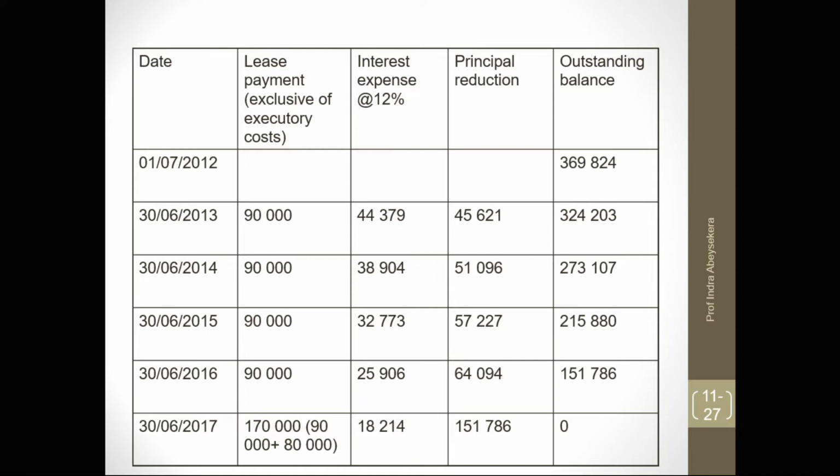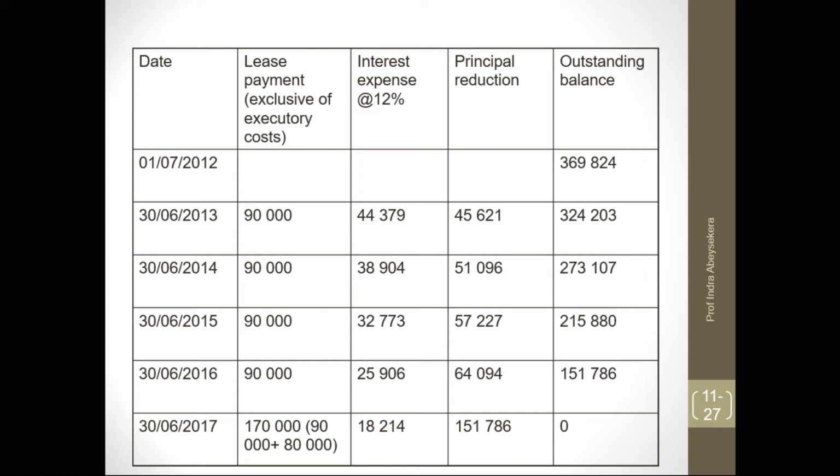The lease payment is 100,000, but executory cost is 10,000. So the actual lease payment is 90,000. And on the outstanding balance, using the effective interest rate method, we calculate the interest expense, and the remainder becomes the principal reduction.